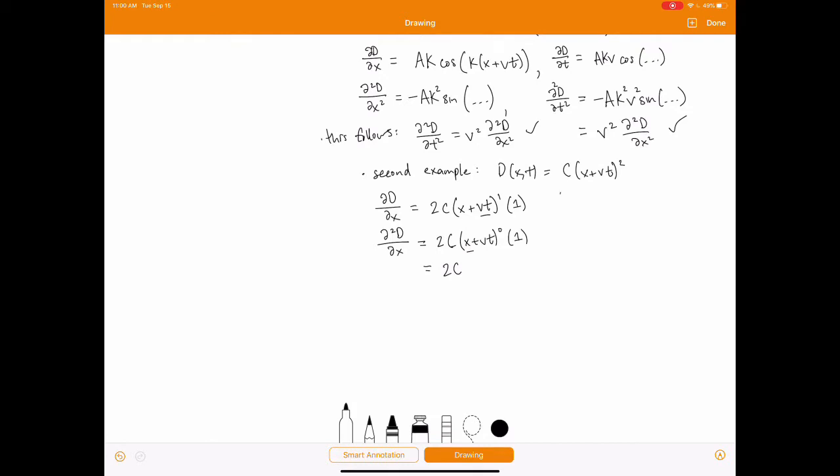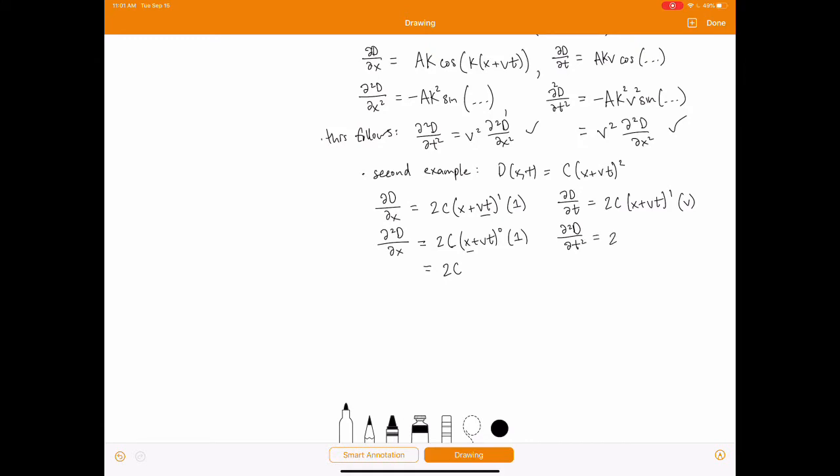Okay, now if I take the derivative with respect to time of the function we're given, well, then I'll have 2 times c, (x plus vt) to the first power. And then I have to take the derivative of what's inside the parentheses with respect to time. So now x is treated as constant. V times t, that just gives me v, because the derivative of t just goes to 1. And then we take the next derivative, the second derivative with respect to time.